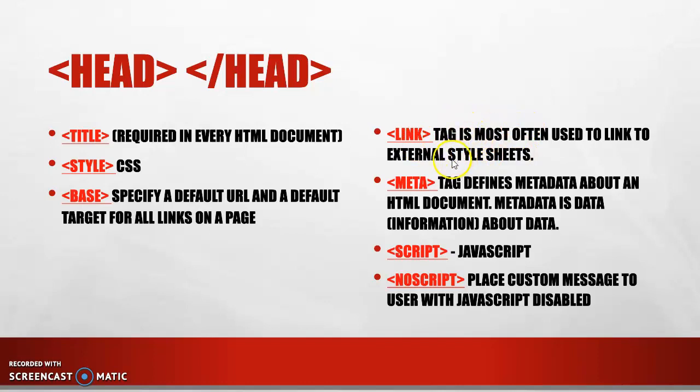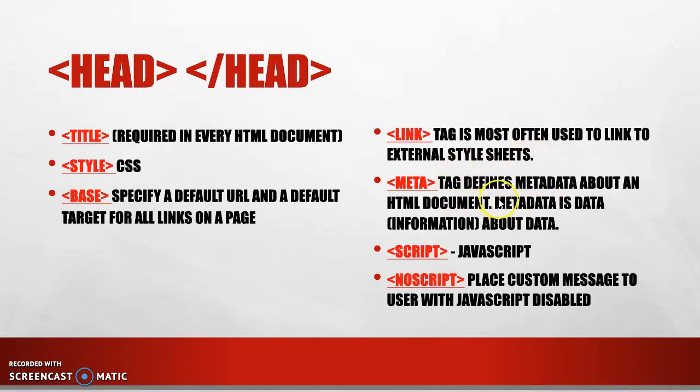Link is most likely used for external CSS sheets. You can have internal CSS or external CSS. If you have external CSS, then you use this link tag. It does other things as well, and you can look that up. Meta is used to define metadata. Metadata is basically data about data.